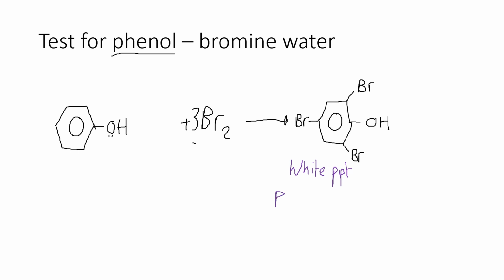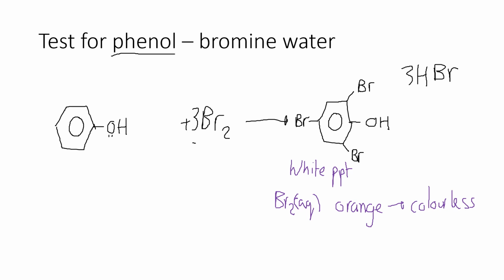So the aqueous bromine goes from orange to colourless, because it's being reacted with the phenol. To balance this equation, because this is not balanced yet, the byproduct from it is hydrogen bromide, and you'd need 3 equivalents of the HBr to balance it.